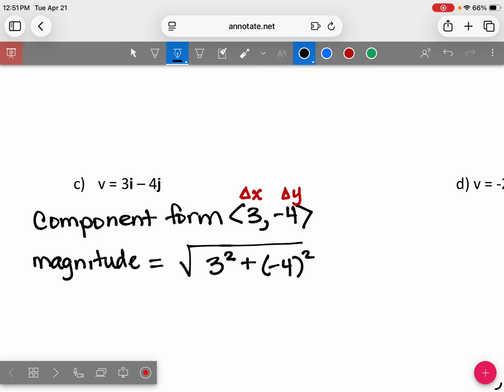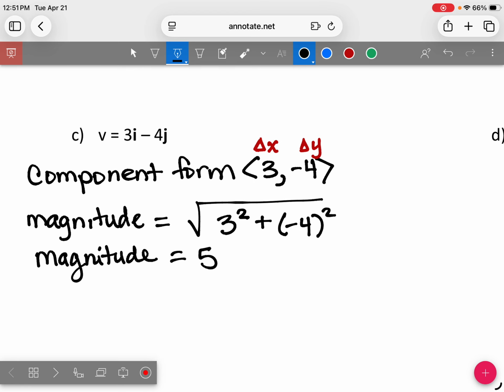That's actually a perfect square, that 3, 4, 5. So you should get 5.